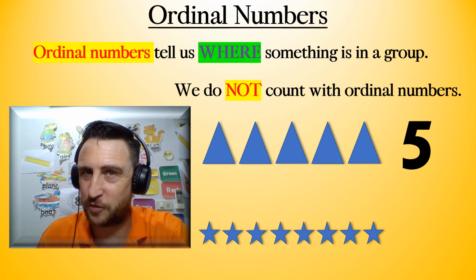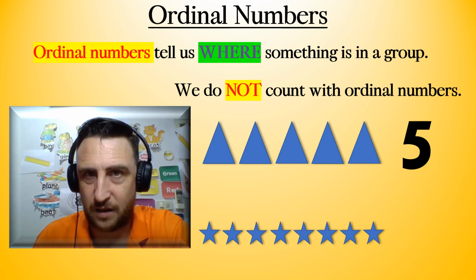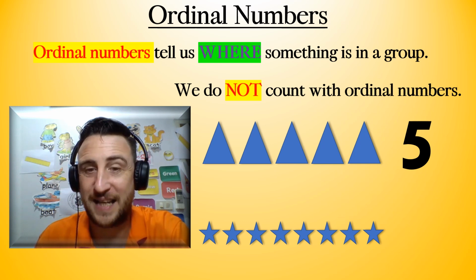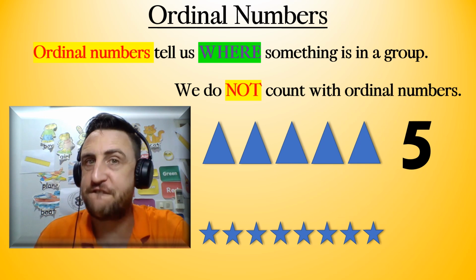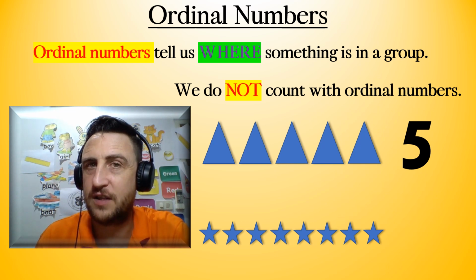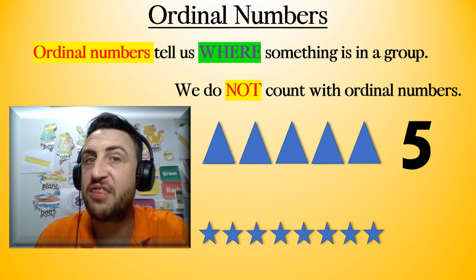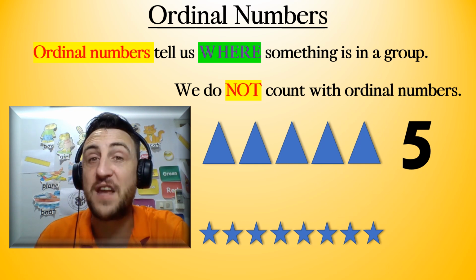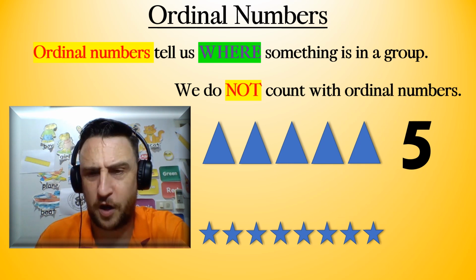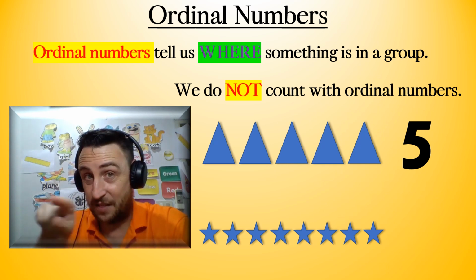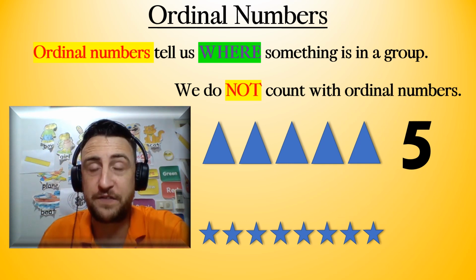Now I'm going to ask you the question, where? Where is the 5th star? Where? Where is the 5th star? 5th is an ordinal number. 5th. Do you know where the 5th star is in this group of stars?